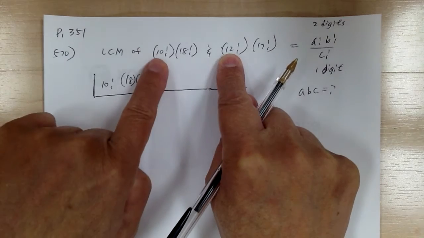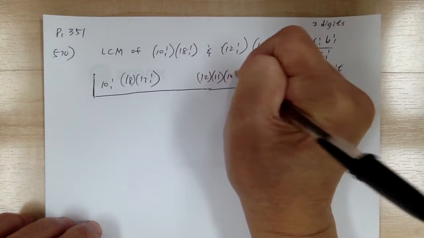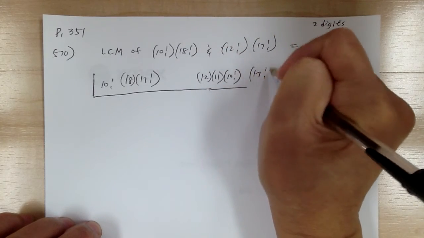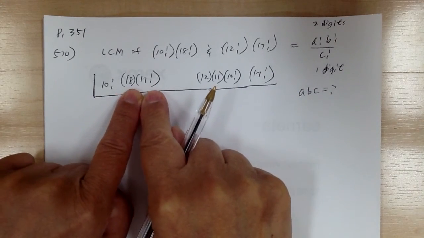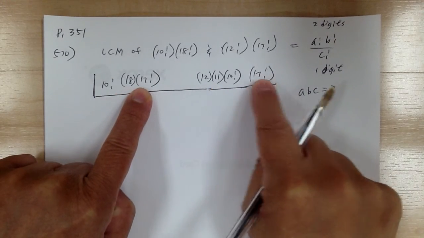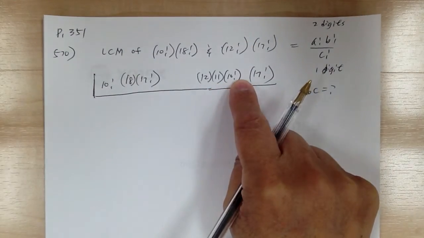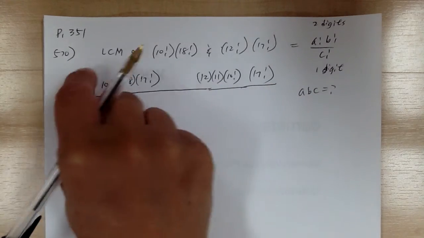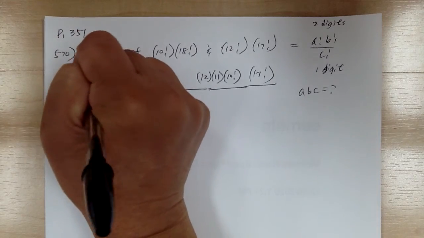Now for 12 factorial with 10 factorial, I'm going to write out 12, 11, and then 10 factorial. So that is this one here, and this one I have 17 factorial. I expand this one a little bit to get 17 factorial to match these, and this one a little bit so I can have the 10 factorial to match. Now I can factor out the 10 factorial and 17 factorial.